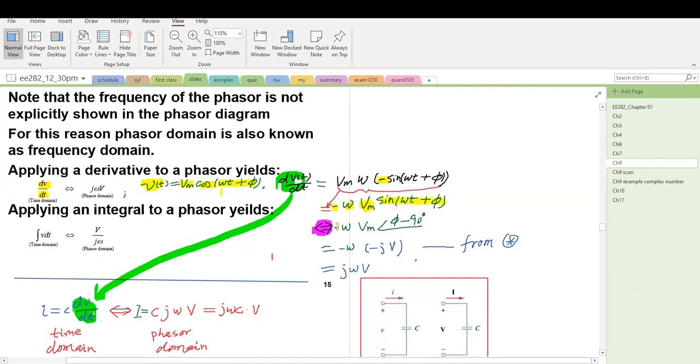From the phasor, that equals Vm angle phi minus 90 degrees. And this equals minus j of V, where V is the phasor for V of t. That's the equation we just talked about. And this minus sign cancels out with the other. That equals j omega V.